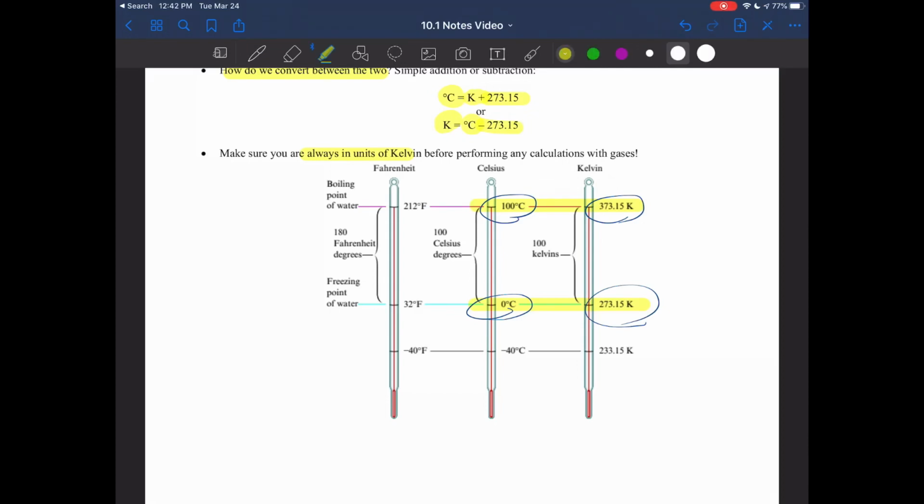And just for fun, we do have the F word in chemistry. Please do not use it. Fahrenheit here. We notice that, of course, the freezing point is 32 degrees Fahrenheit. And actually, interestingly enough, when are Fahrenheit and Celsius equal? It's when they both reach negative 40. So that's one way you can think about converting between the two.